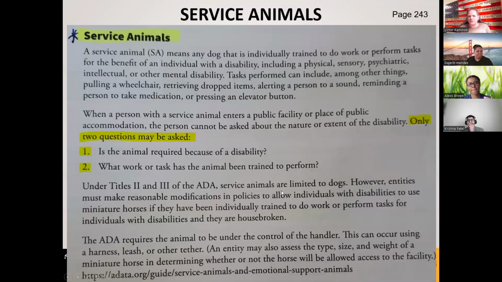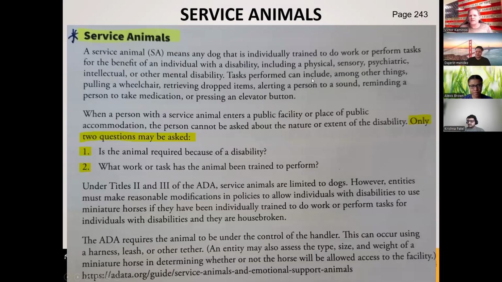Service animals. We spoke about this extensively in chapter 4 as well. But remember, service animals means any dog that is individually trained to do work or perform a task for the benefit of an individual with a disability, including physical, sensory, psychiatric, intellectual, or other mental disability.